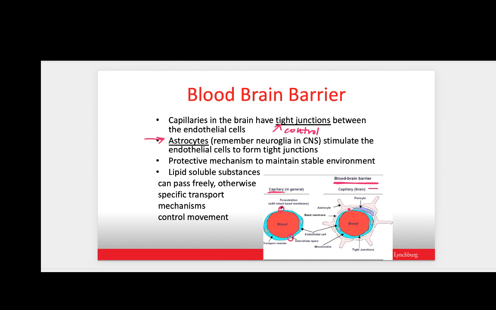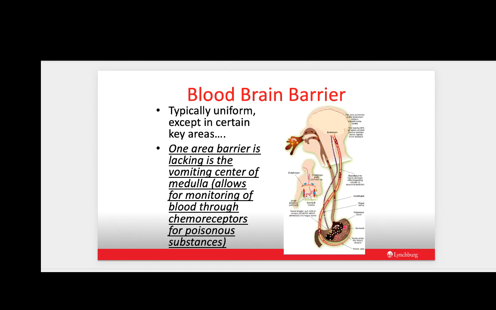Well, what happens in the central nervous system is that astrocytes, which are a supporting neuroglial cell, stimulate the endothelial cells of the capillary bed to form tight junctions. So we basically have no pores in the capillaries of the brain. So we don't get quite as much movement in and out.